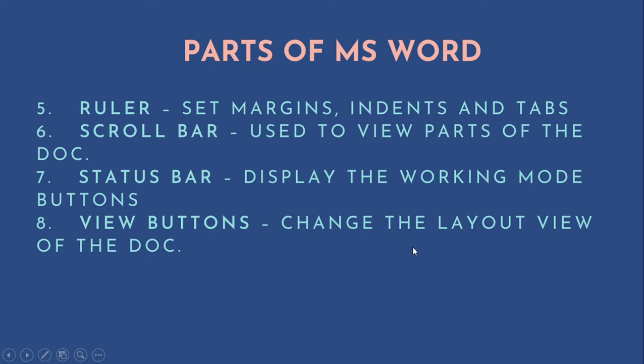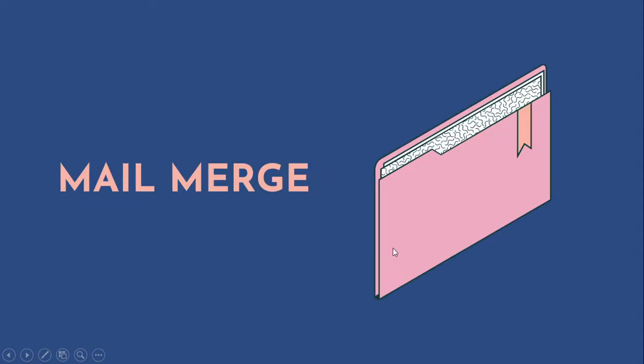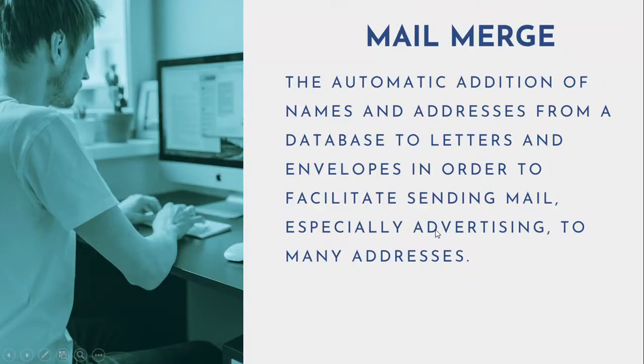Okay, let's talk about the mail merge as the highlight for this lesson. So what is really a mail merge? According to this, it is the automatic addition of names and addresses from a database to letters and sometimes envelopes in order to facilitate sending mail, especially advertising, to many addresses.